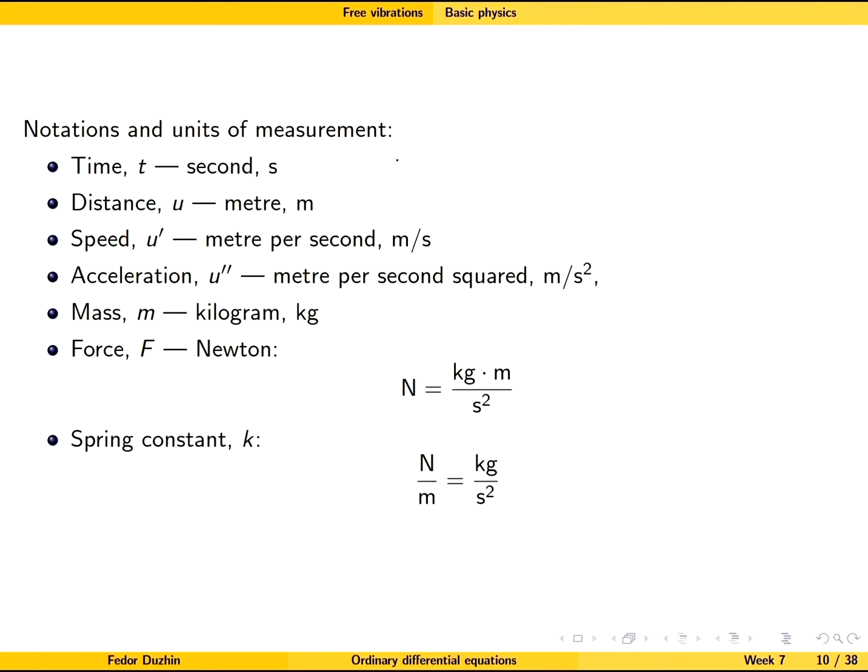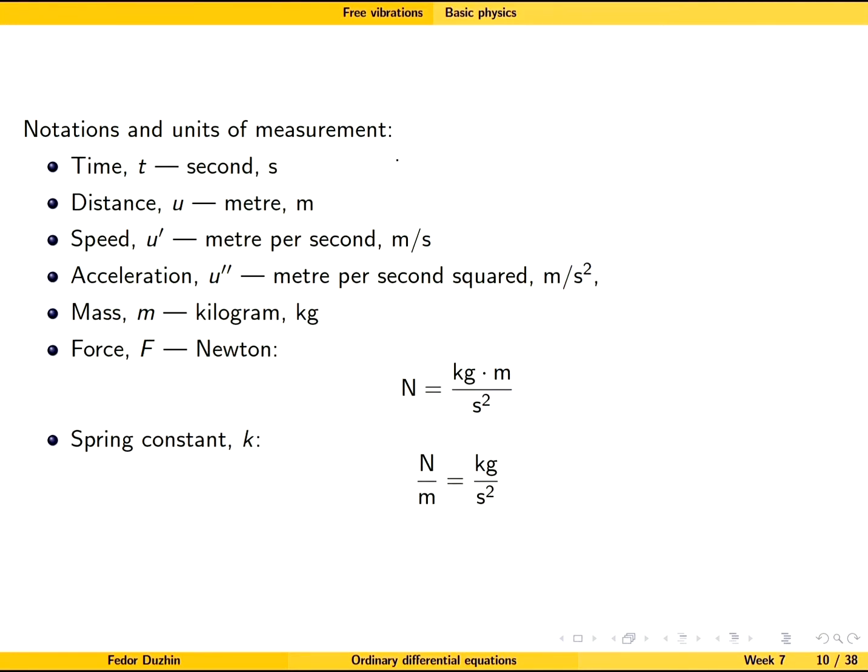So if time is measured in minutes and distance is measured in, say, kilometers, then speed is going to be measured in kilometers per minute. But you need to be consistent. If you fix the units for time, distance, and mass, then the units for speed, acceleration, force, spring constant, and so on will be derived from these.